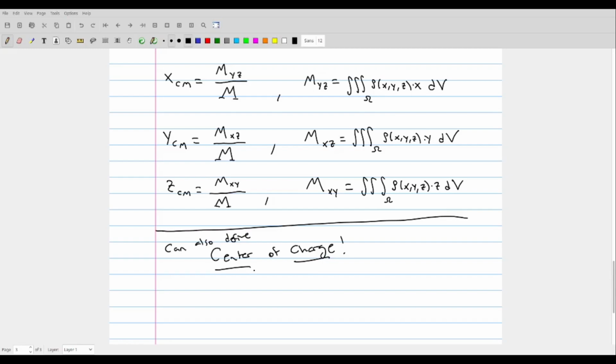The only difference here would be that you take these direct formulas and instead of using the mass density, you would use the charge density function. So replace all of those rho functions with the sigma functions, the actual charge density of the region that you're interested in.